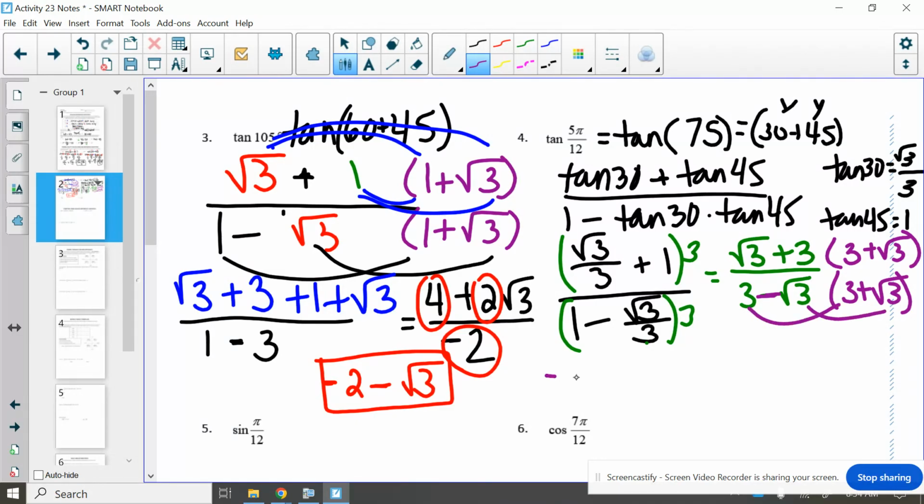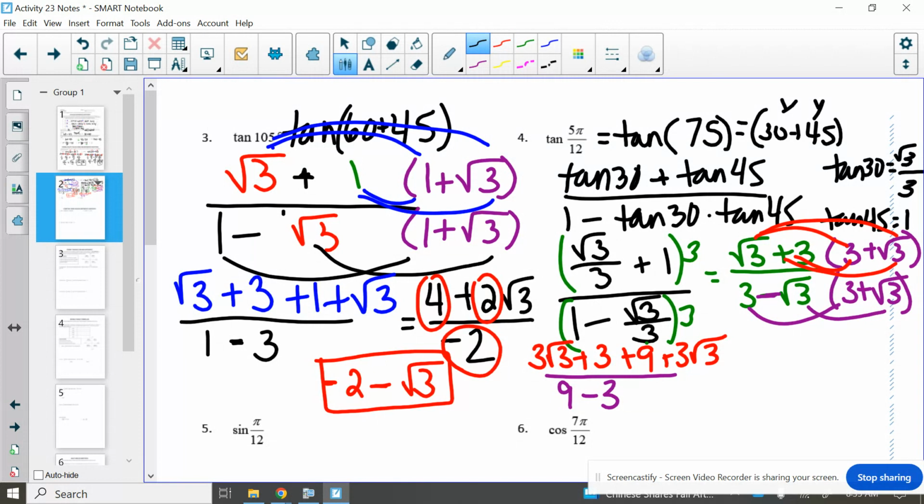Conjugates, when we distribute them out, you could just do first times first, last times last. And then up top, you need to double distribute those. So square root of 3 times 3 plus square root of 3 times square root of 3, and then 3 times 3 and 3 times root 3.